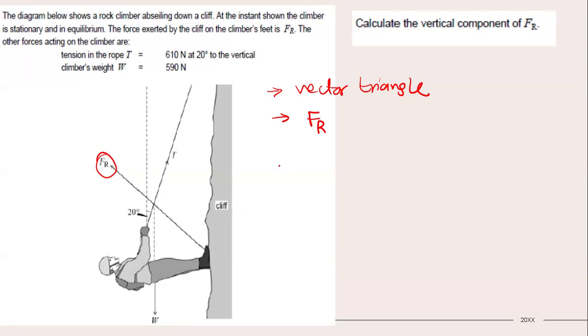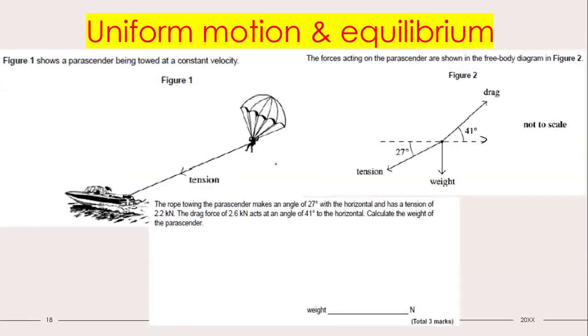I'll be including the answer in the description for these questions. Okay, this is the next question, which you will try to solve yourself, and I will be adding the answers in the description.